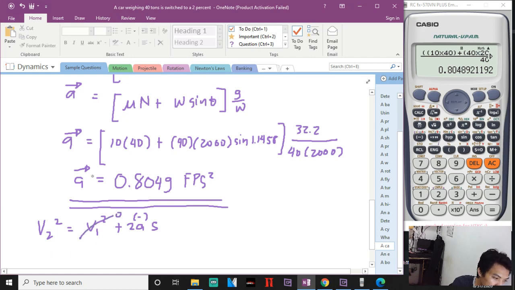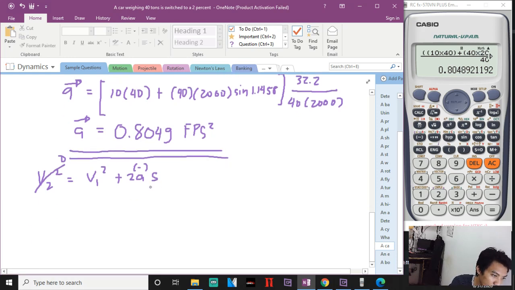Dadating ka sa dulo, hinto kasi at peak na yun eh. So, ibig sabihin, 0 yan. So, lipat natin, naging negative. So, S will be equal to V1 squared over 2A. Pareho negative. Negative to, negative din.